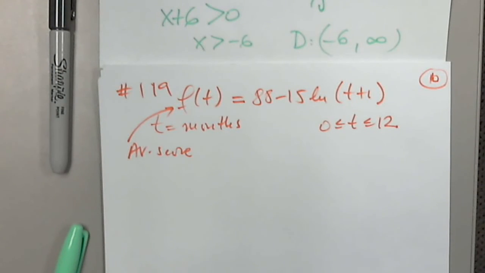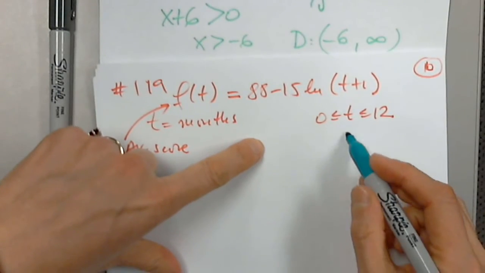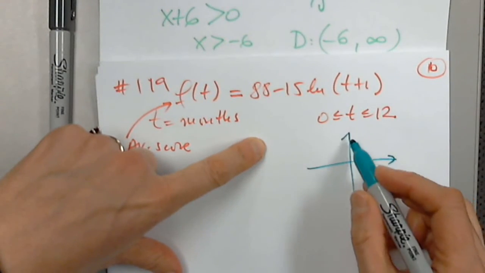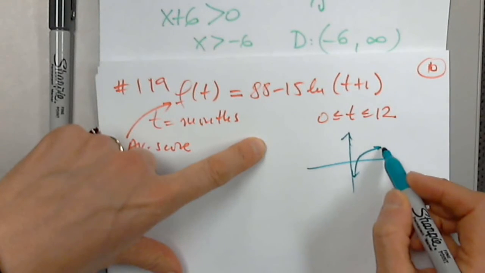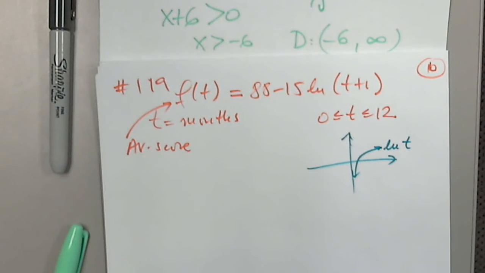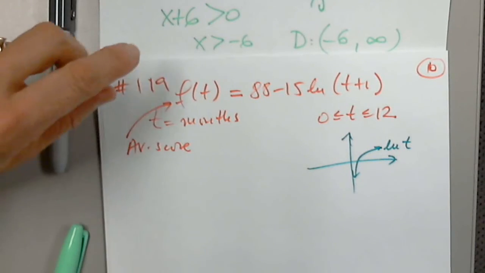Good. So then the graph of natural log t will be something like this. This is for natural log t. Then where will I move it in order of operations? I just want to have an idea of how the graph looks. Where will I move it?